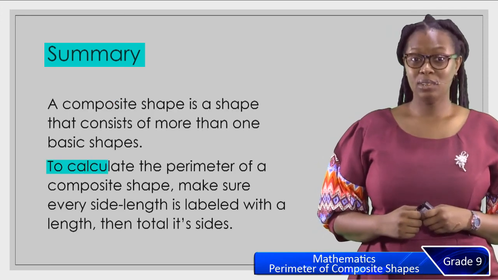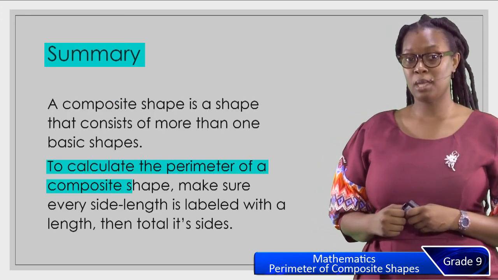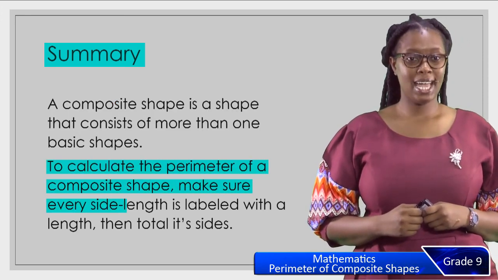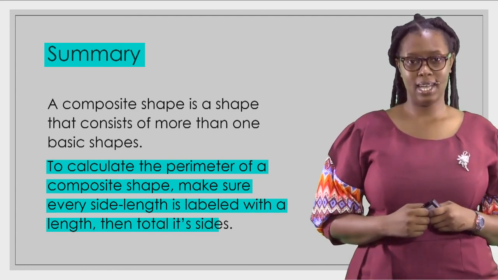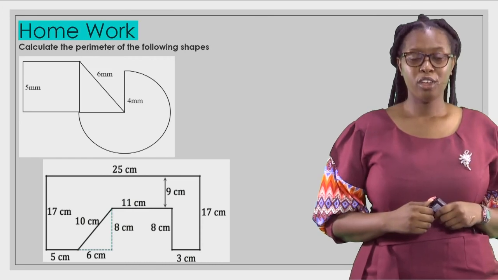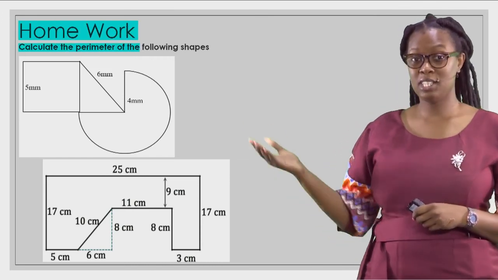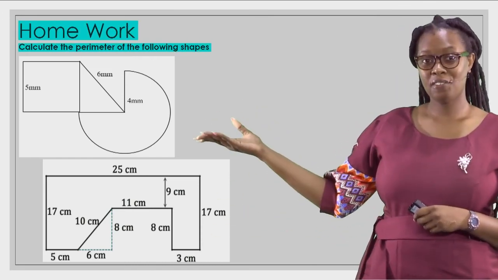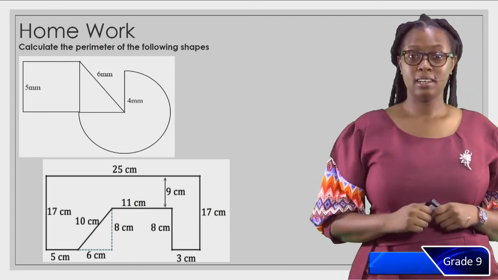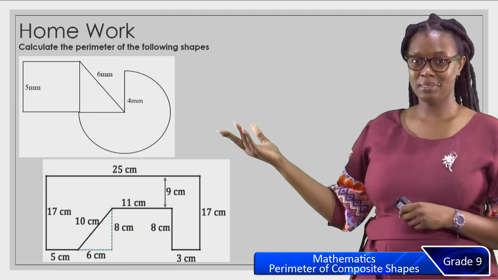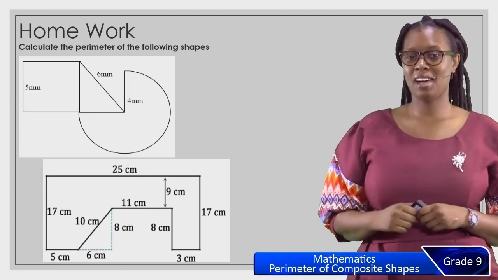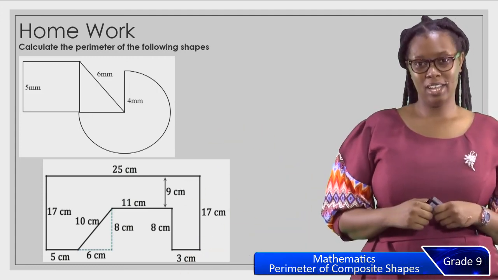And to calculate the perimeter of a composite shape, make sure every side length is labeled with a length, then total its sides. So for your homework, you're going to calculate the perimeter of these two composite shapes. In the first shape, you can see that it consists of a square, a triangle, and a part of a circle. And in the second shape, we have rectangles and a triangle.